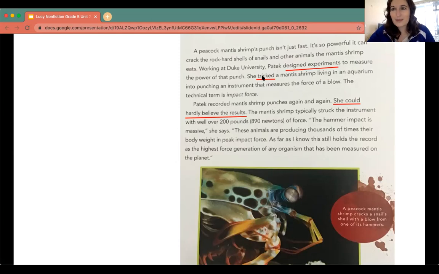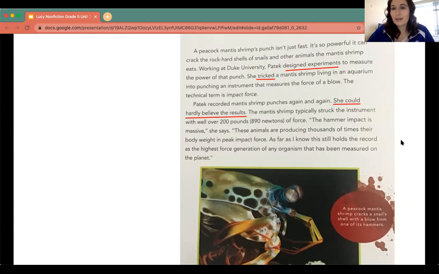That's telling me that the author believes this scientist is really smart to be able to do that. If you're tricking an animal, that would be something that's hard to do. Later on, it says the scientist could hardly believe the results. So that shows that she's worked really hard on something and is really surprised by her findings.